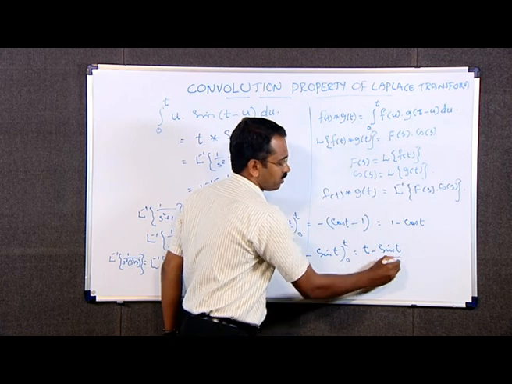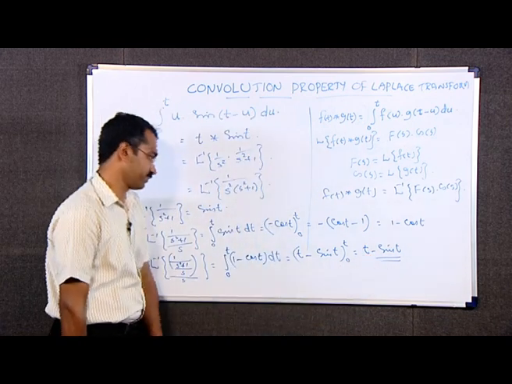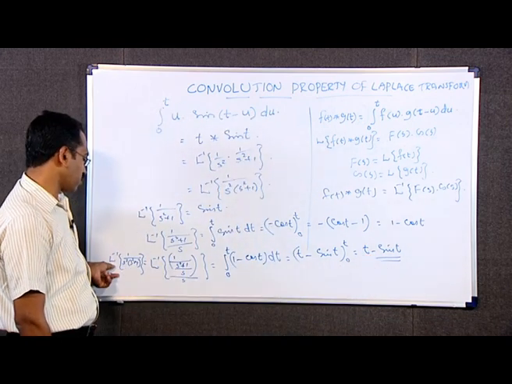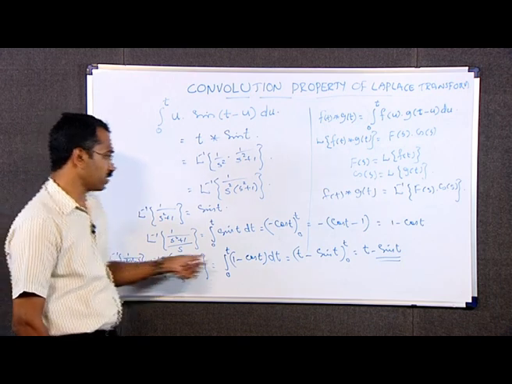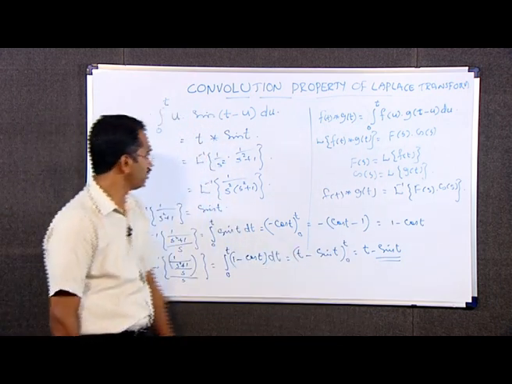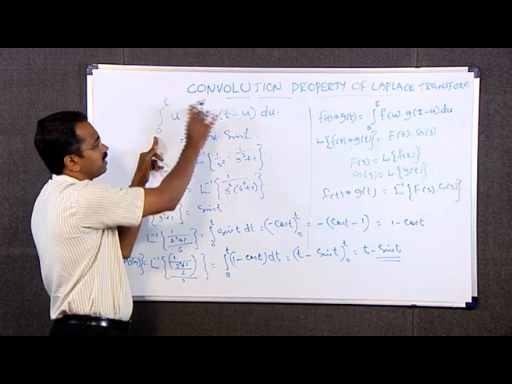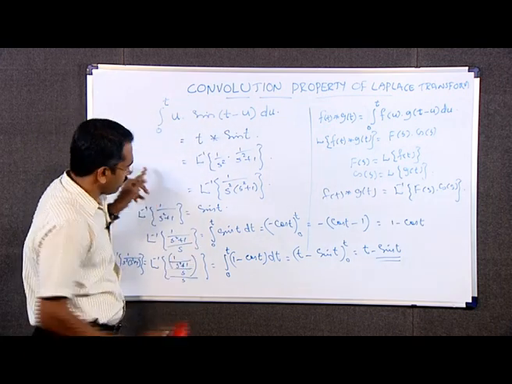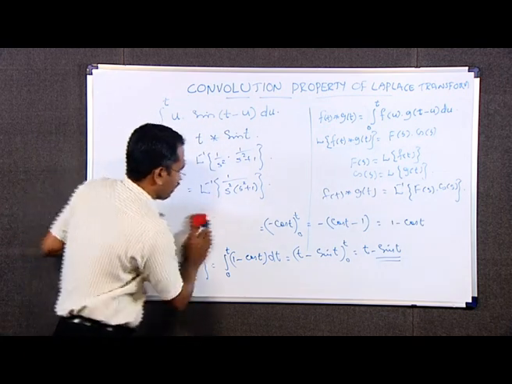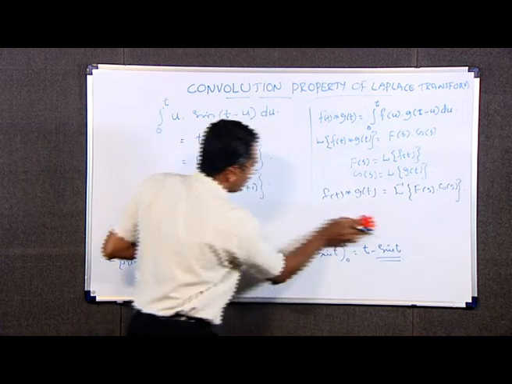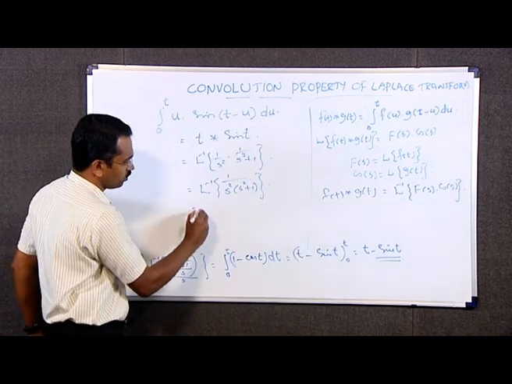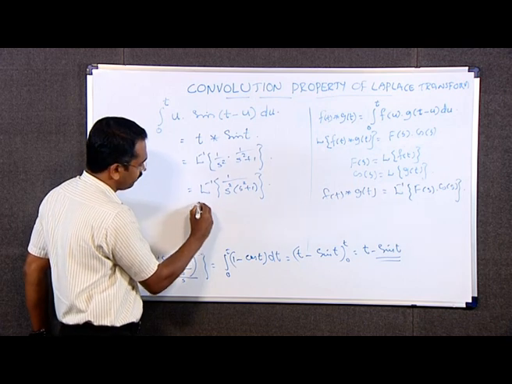Therefore, t minus sin t, that is L inverse of 1 by s square into s square plus 1 is t minus sin t. Therefore, value of this integral is t minus sin t.